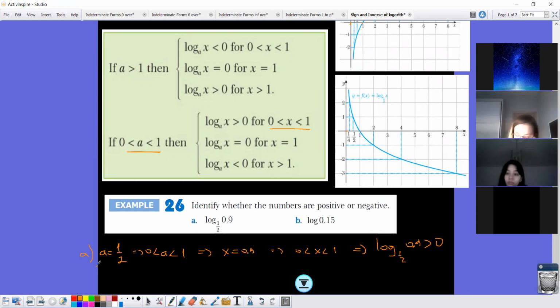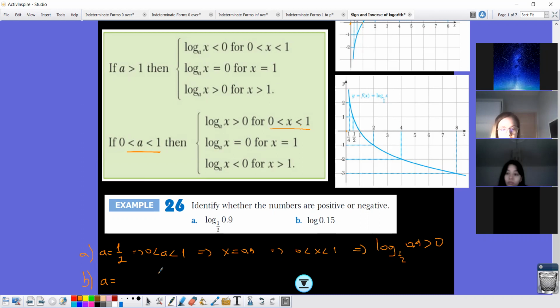Now with the same logic, check B if it will be positive or negative. Eva, what is a in B? Teacher, is less than 0, I think. No, is anything written in the base? No, nothing is written.